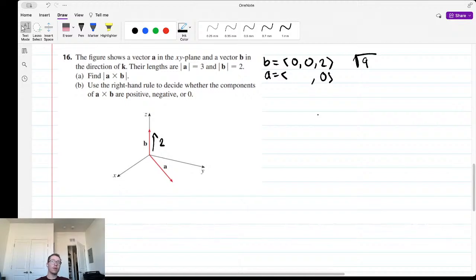That would technically work. So if we did 2 comma radical 5 comma 0, that technically works. I don't know if that's what they want us to do, though.